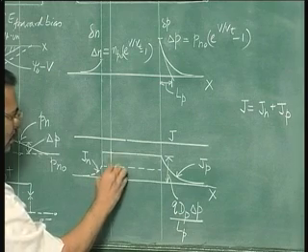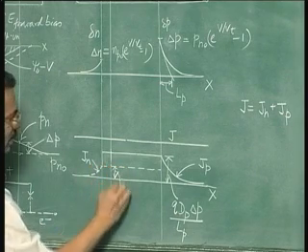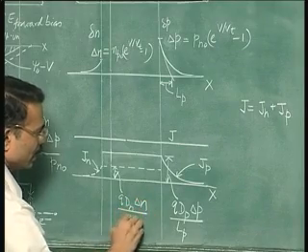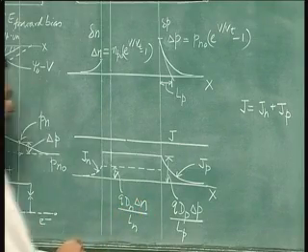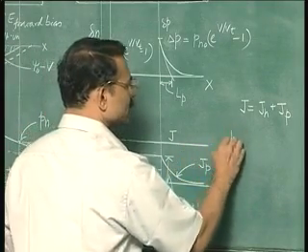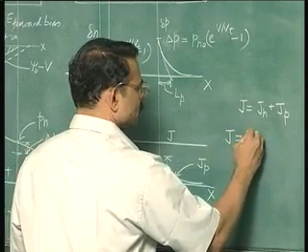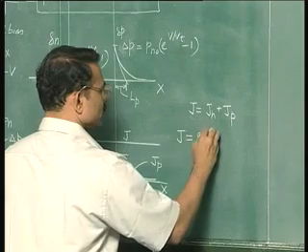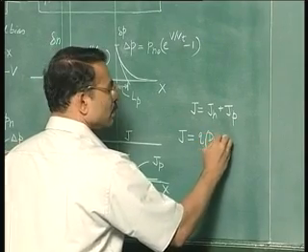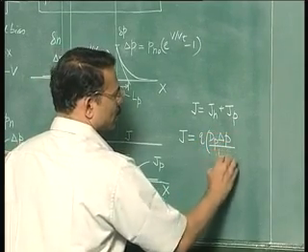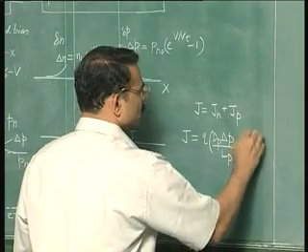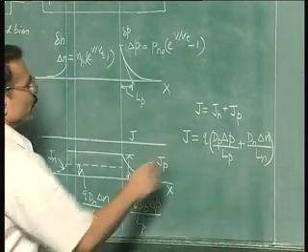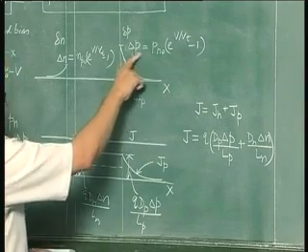Similarly, this current of electrons is q Dn delta n upon Ln. So we obtain therefore the equation for J as q times Dp delta p upon Lp plus Dn delta n upon Ln, where delta p is already written in terms of this formula.